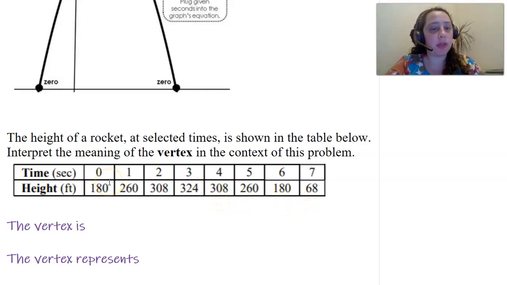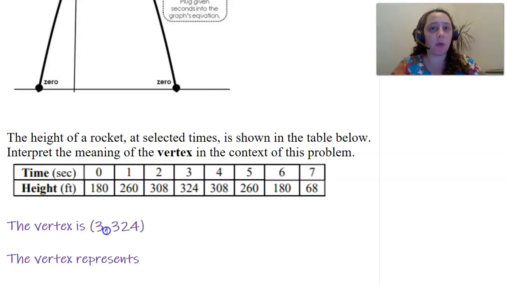So if I'm looking here, I have 68 does not repeat and 324 does not repeat. But it looks like this value, 324, is in the middle, so 324 is my maximum, and that occurs at 3. So my vertex is the point (3, 324).